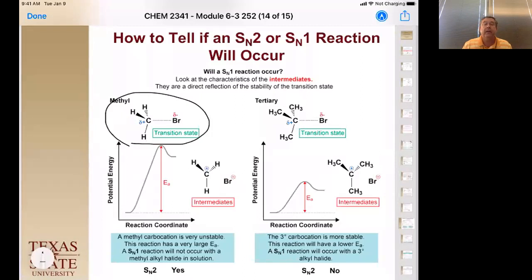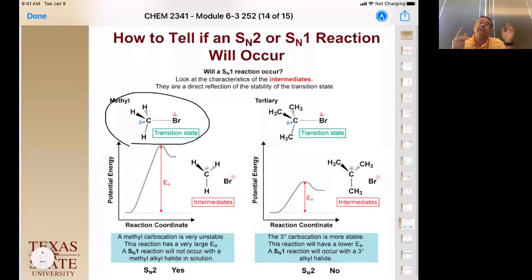In the case of tertiary, our tertiary has sterics not letting it do an SN2 reaction, and it can form a stable carbocation. So forming that stable carbocation is suggesting that it's going to go through that SN1 reaction, but not an SN2 reaction. So we're looking at the sterics are favored with the methyl group and the primaries, and the carbocations are disfavored because they're not as stable as an intermediate.